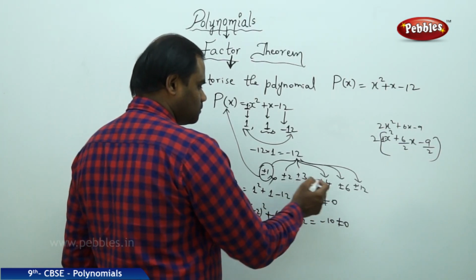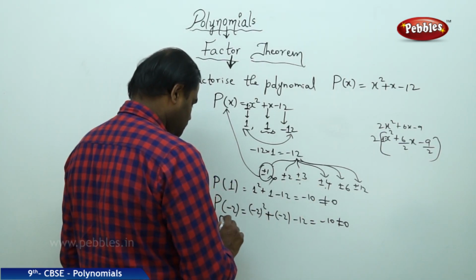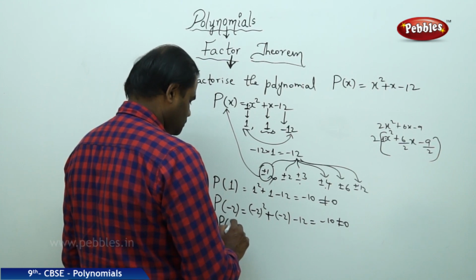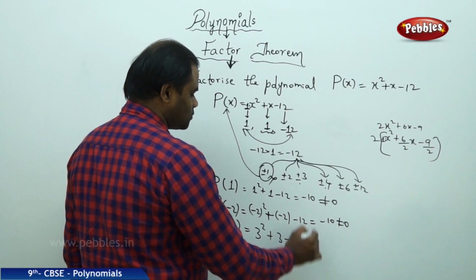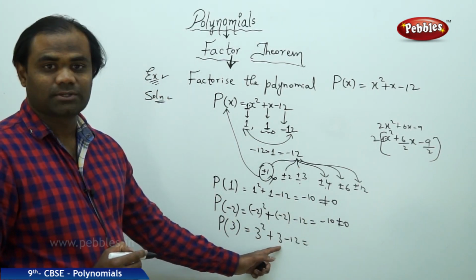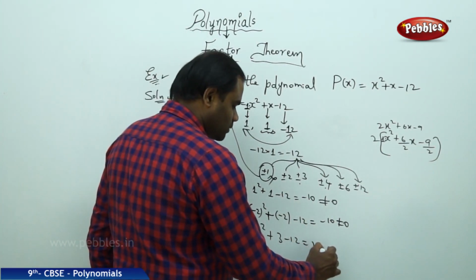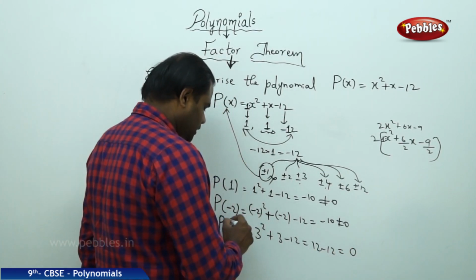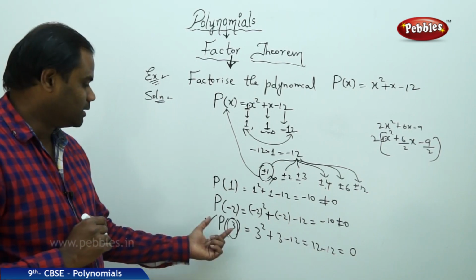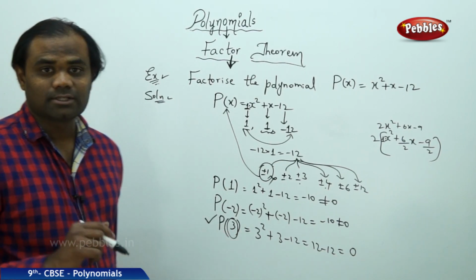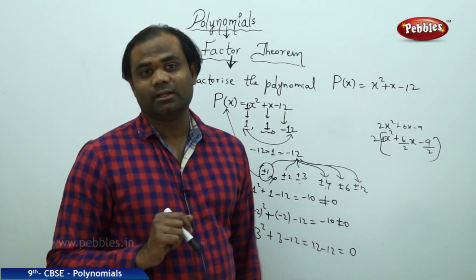Let's try with 4 and 3. P of 3 is 3 squared plus 3 minus 12. 3 threes are 9, 9 plus 3 is 12, 12 minus 12 is 0. And yes, P of 3 gives me the 0 of the polynomial. Therefore, x equal to 3 is the 0 of the given polynomial P of x.